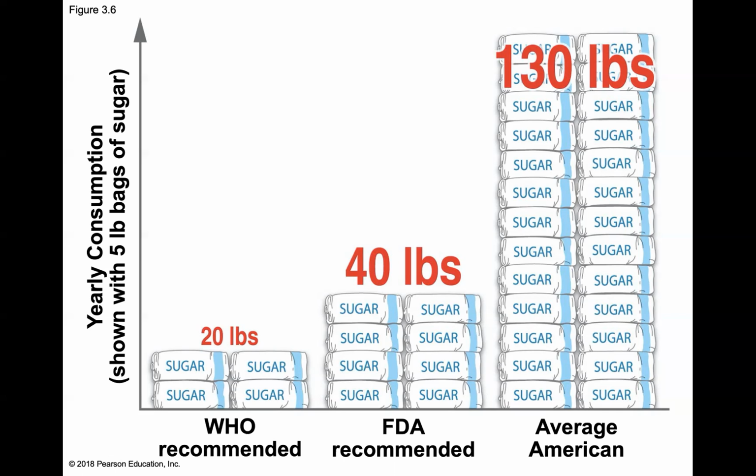The FDA recommends no more than about 40 pounds of sugar for an average yearly consumption. However, the actual yearly consumption of the average American is over 130 pounds of sugar. This is very alarming, and it has very significant implications for the health of Americans.